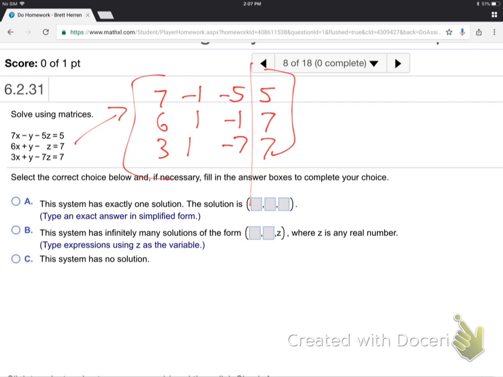That one's a 3 by 4 again, isn't it? Go down to RREF, matrix A.